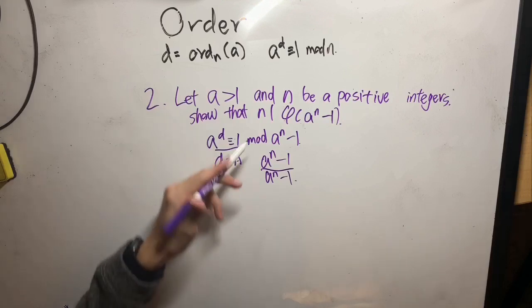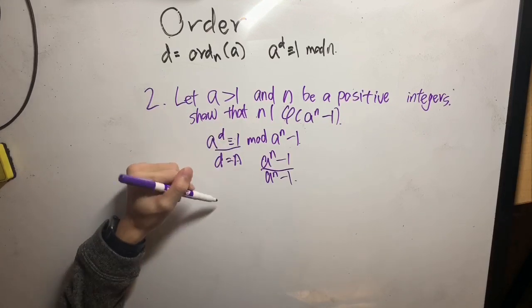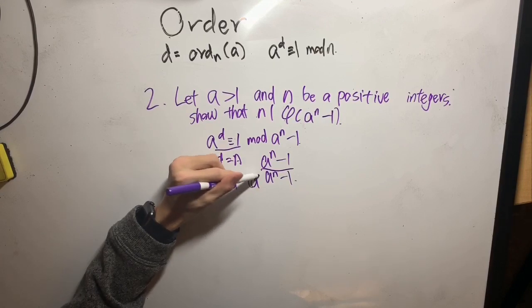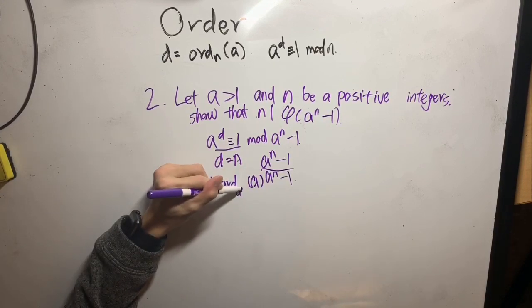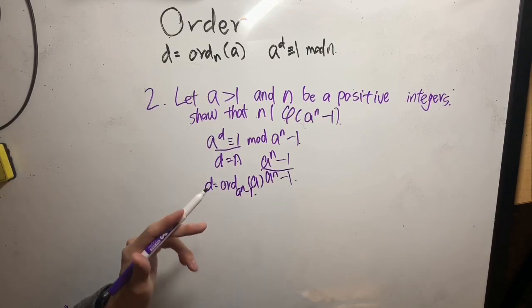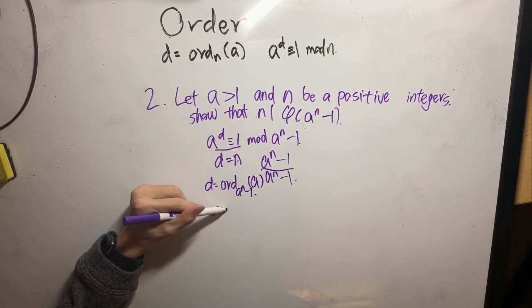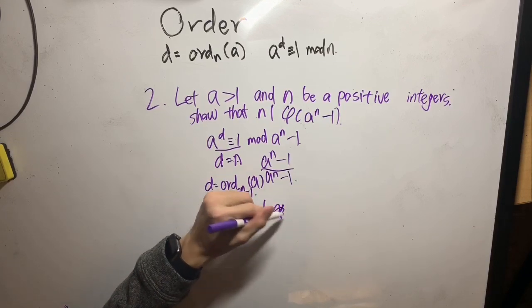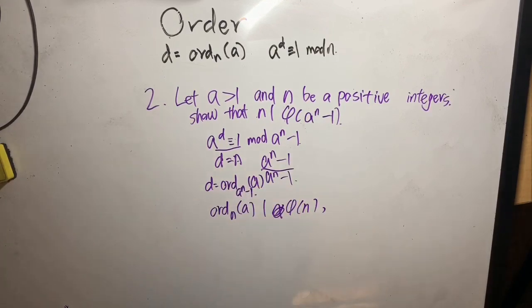So we have n equals d, and d is the order of a modulo a to the n minus 1. And we learn from the properties that the order of a modulo n divides phi of n.